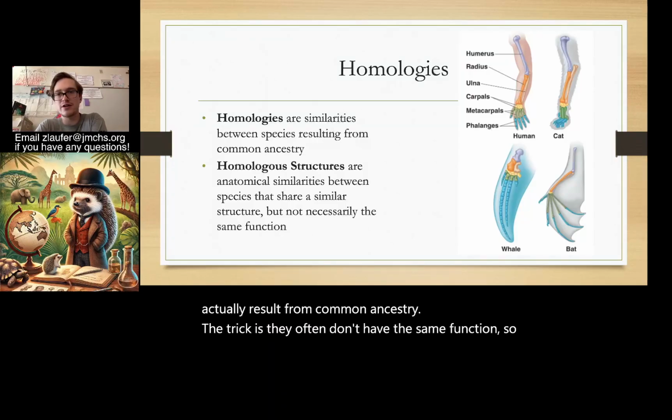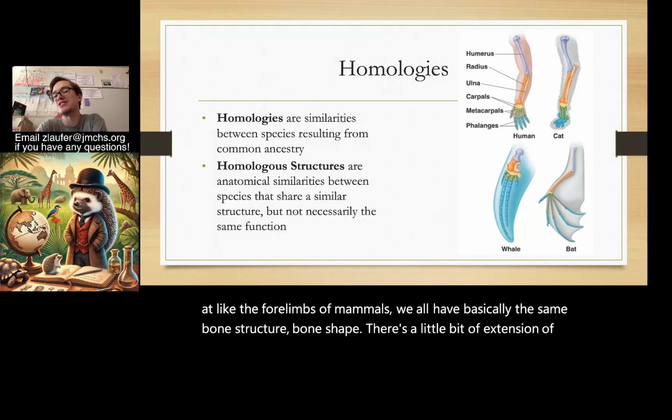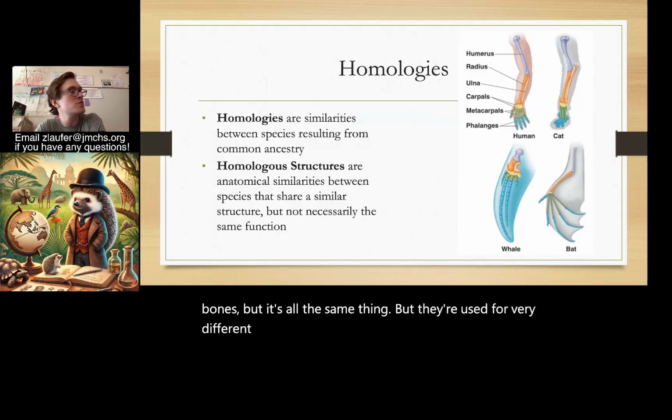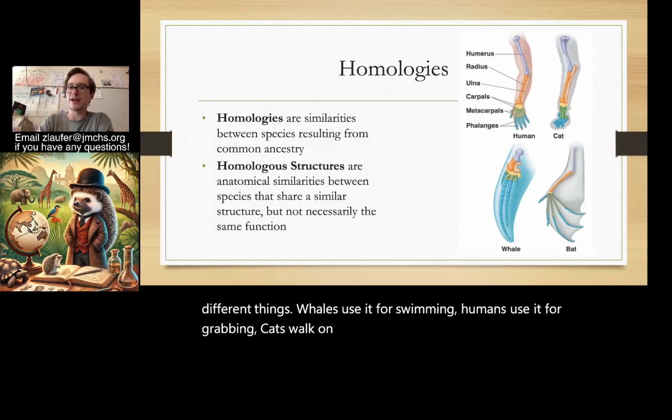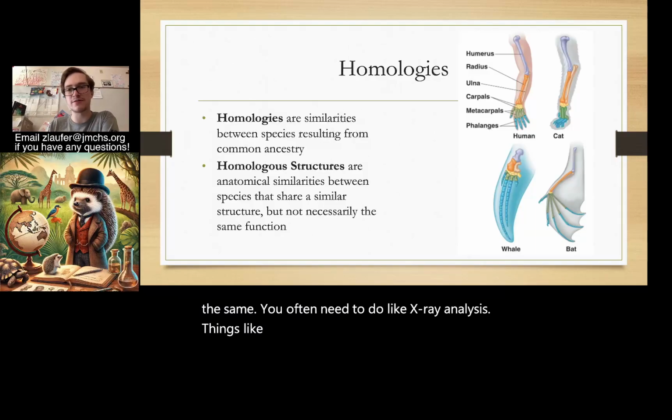So if we look at the forelimbs of mammals, we all have basically the same bone structure, bone shape. There's a little bit of extension of bones, but it's all the same thing. But they're used for very different things. Whales use it for swimming, humans use it for grabbing, cats walk on all fours, bats use it for flying. So they look the same. You often need to do X-ray analysis, things like that to actually see it because the function will be very different.